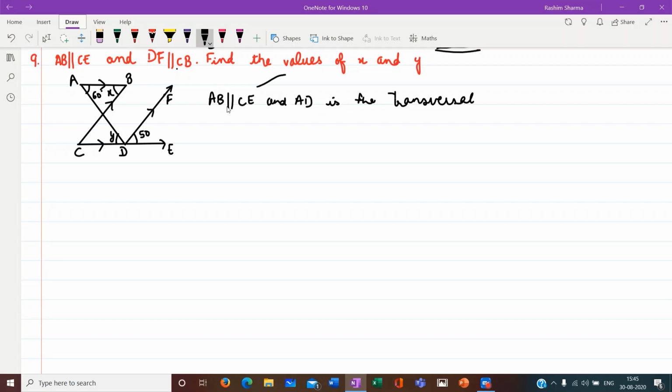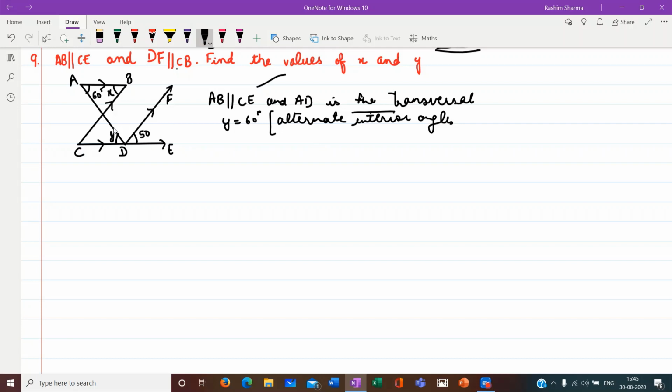We have, with transversal AD, angles Y and 60 degree, and they both are equal. We all know why they are equal. They are alternate interior angles.